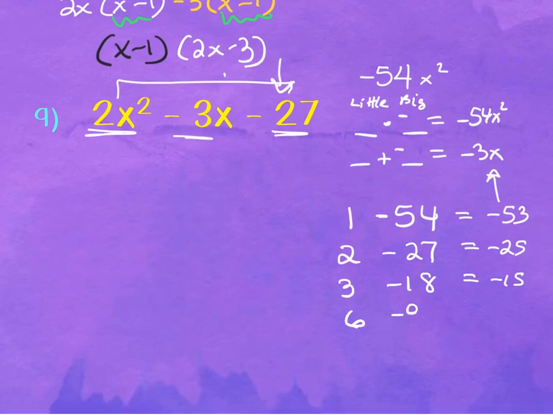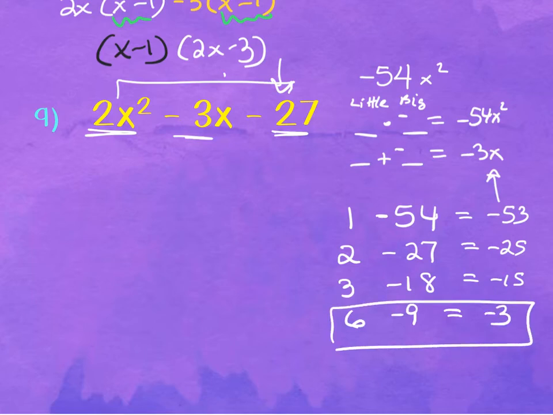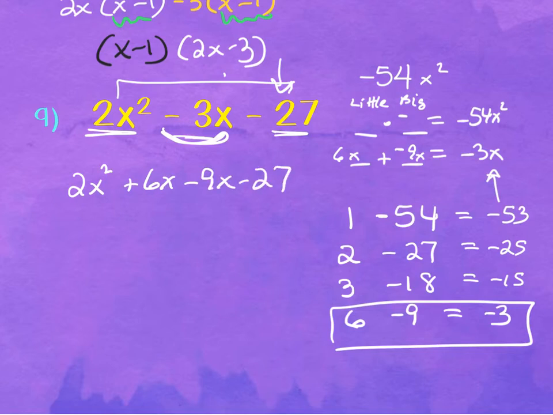So 6 times negative 9, and when I combine that, I get the negative 3. So my two factors are going to be 6x and negative 9x. So again, rewrite the 2x squared. Replace this with the two numbers I just found. And rewrite the 27.